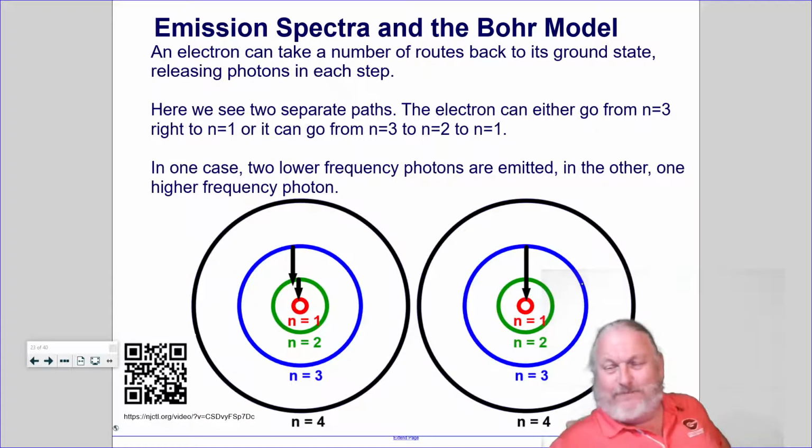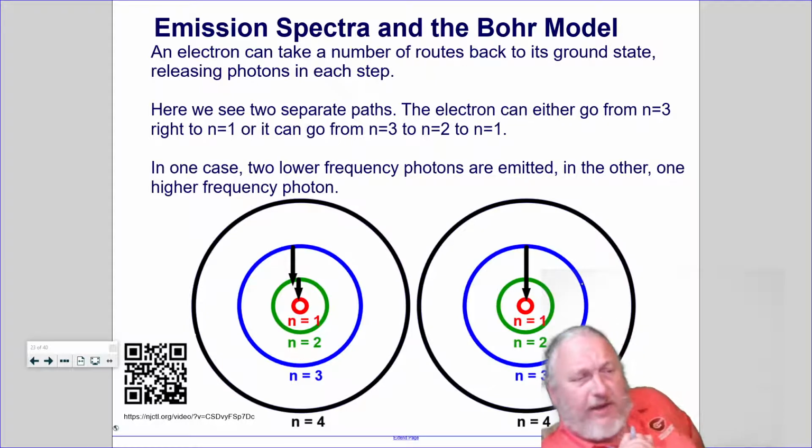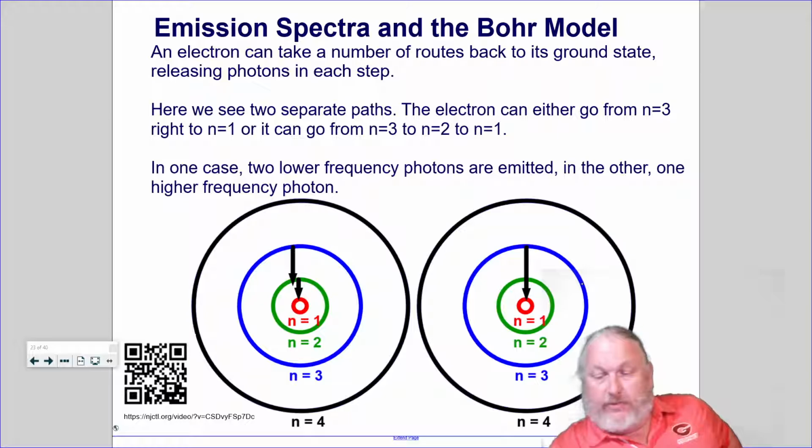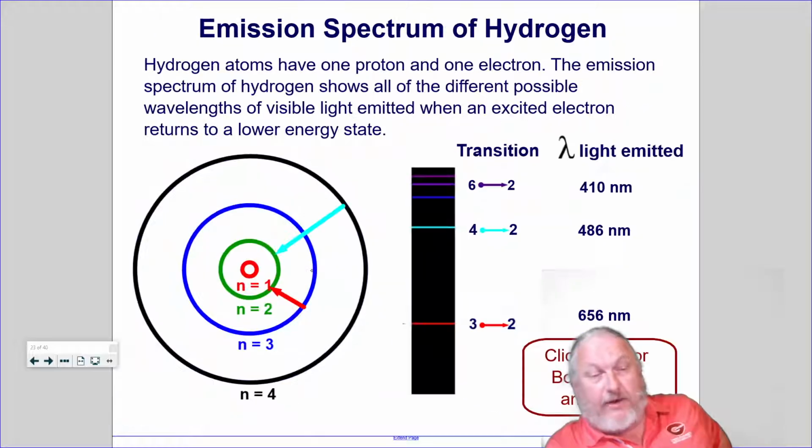You see what I'm saying? So here you see two separate paths. That electron is going down from the third energy level. This side is going down to N2, then it goes down to N1. And it's going to produce two lower frequency photons. This one on the right is only going to produce one higher frequency photon.